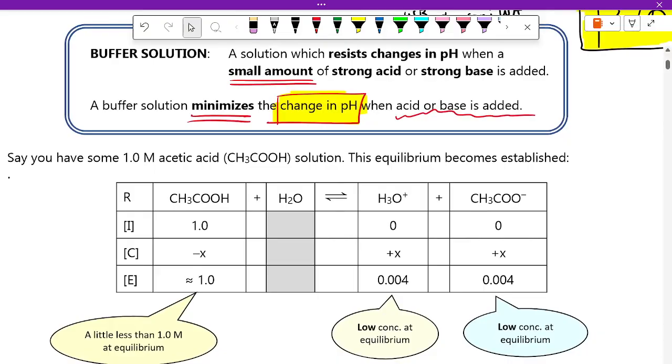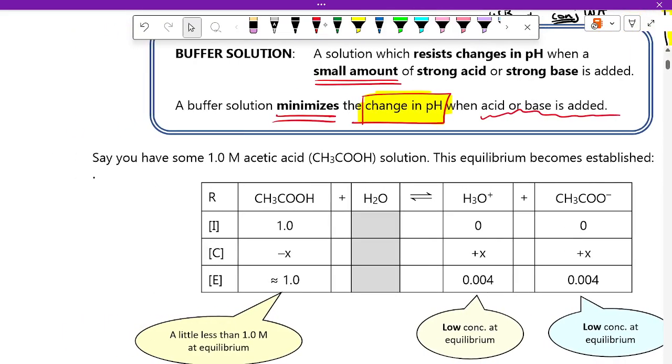So what we have is an equilibrium, and this is actually not a buffer yet. This is just 1 molar acetic acid. What's the pH of this solution? Acidic, basic, or neutral? Acidic, yeah? And it's not going to be very good at absorbing changes in pH.